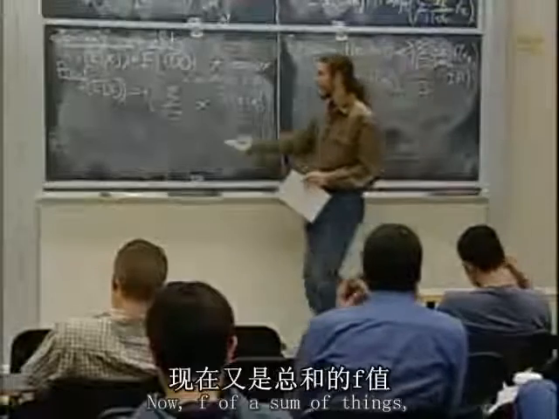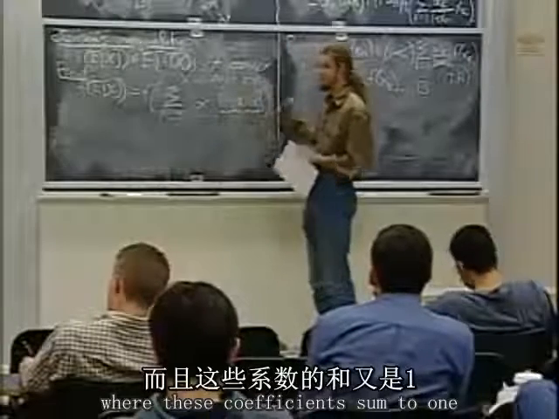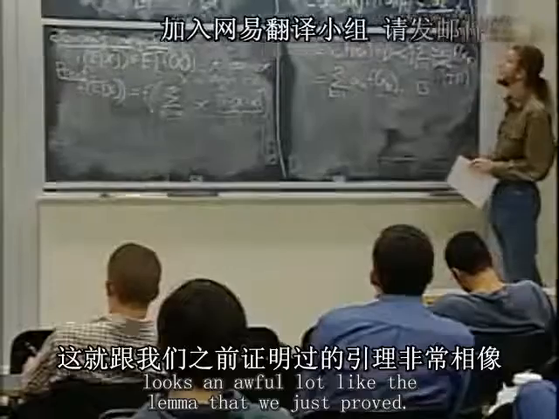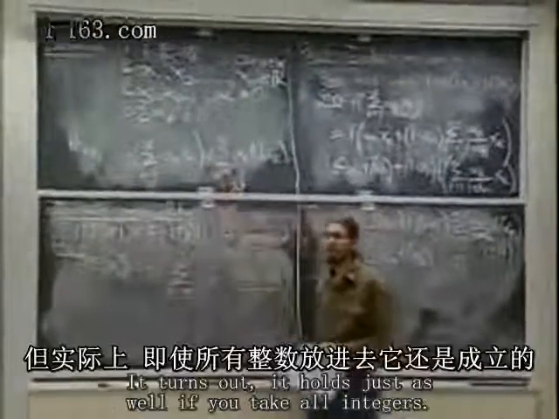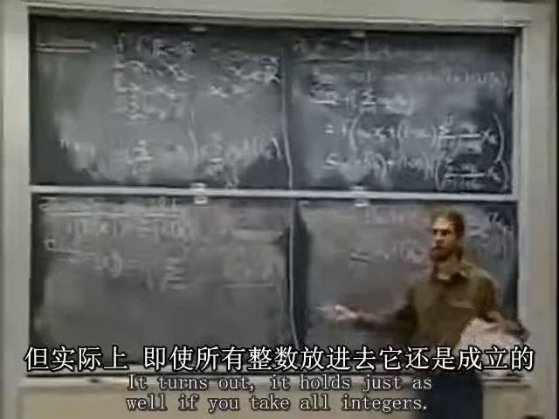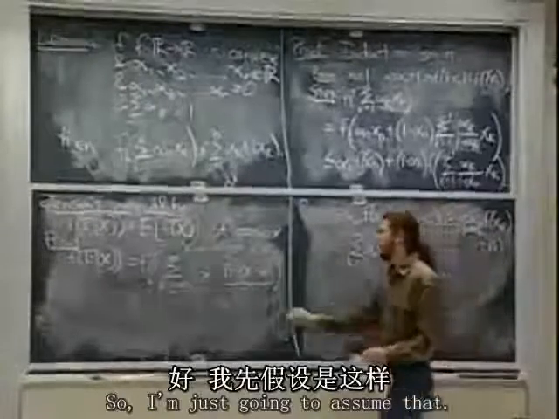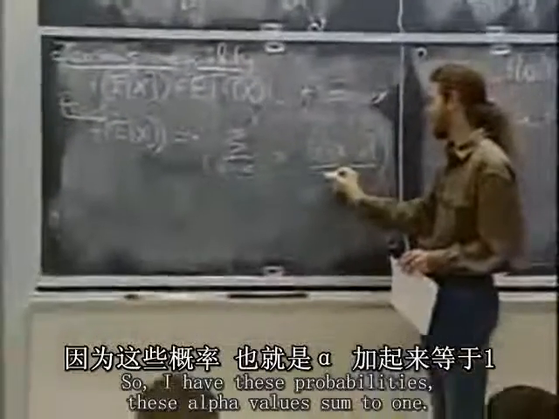Now, f of a sum of things where these coefficients sum to 1 looks an awful lot like the lemma that we just proved. We proved it in the finite case. It turns out it holds just as well if you take all integers. I'm just going to assume that. So these probabilities, these alpha values, sum to 1.